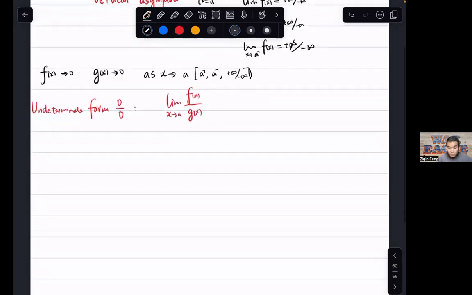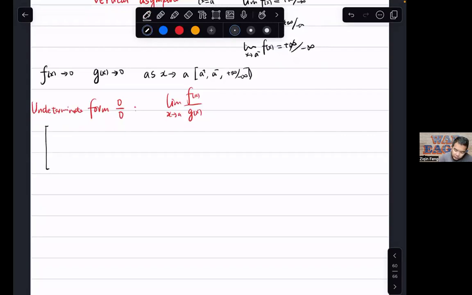So let's see how we do that. If you cannot plug in a, and sometimes, as I recalled, the derivative should be easier, right? So let's try to make a connection with the derivative of the quotient. No, the quotient of derivatives, right? So let's try to justify our formula here.